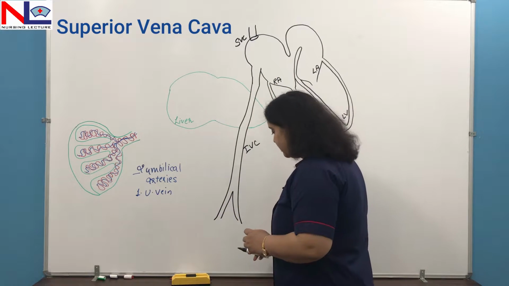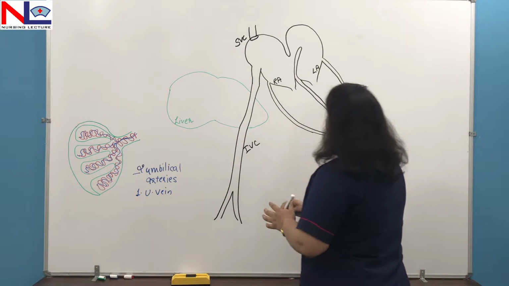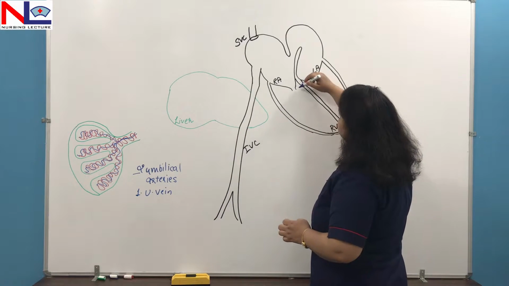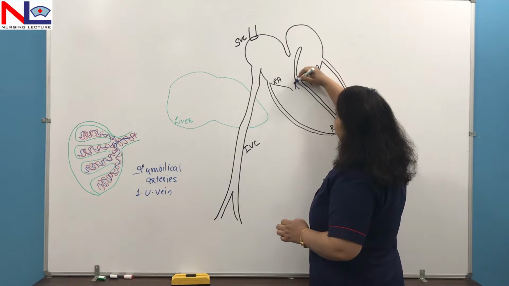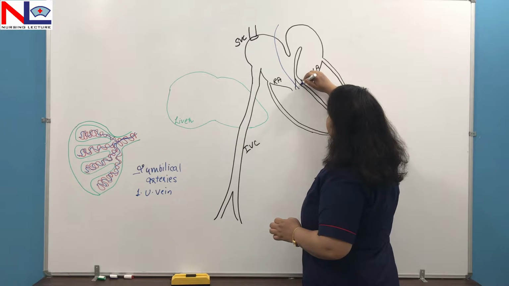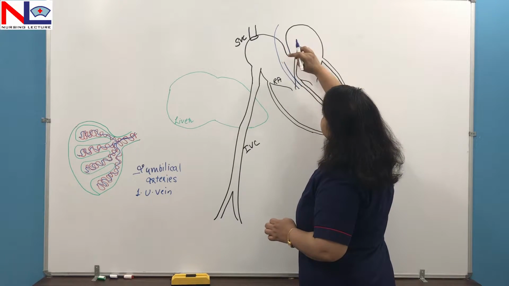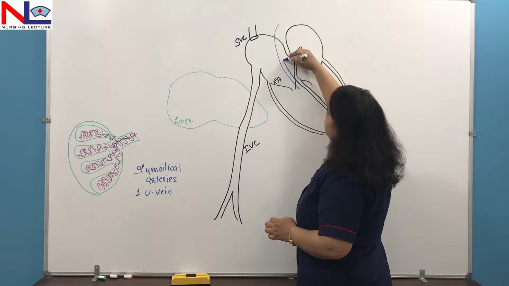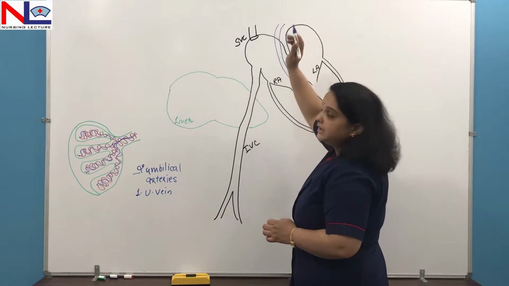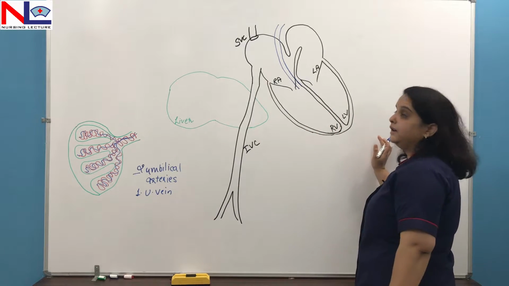Now I'll draw another artery, the artery which is responsible for carrying deoxygenated blood in the adult. In the adult, this carries deoxygenated blood from the right ventricle to the lungs.